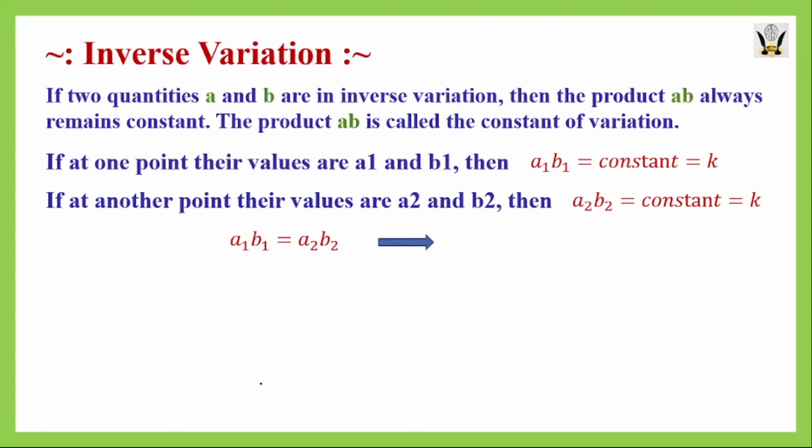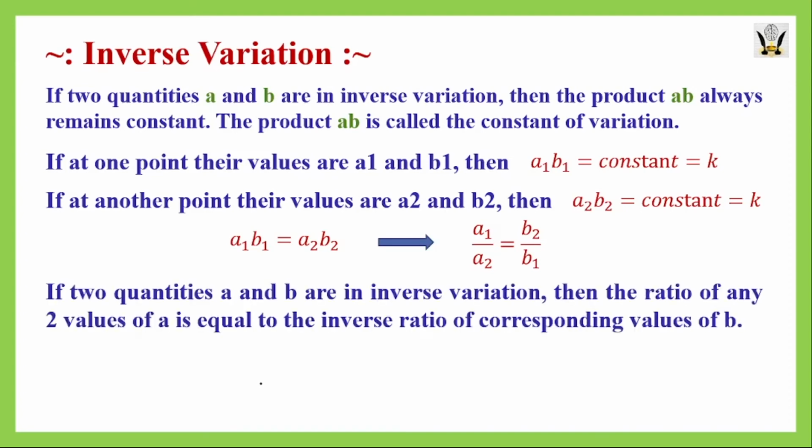Now we can conclude further that A1 by A2, which is the ratio of two values of the same quantity, will be equal to B2 by B1. This time it's not B1 by B2, which we saw earlier in the case of direct variation. This is B2 by B1. This is the inverse ratio of the other quantity, meaning of two values of the other quantity. So that is another conclusion that we can draw.